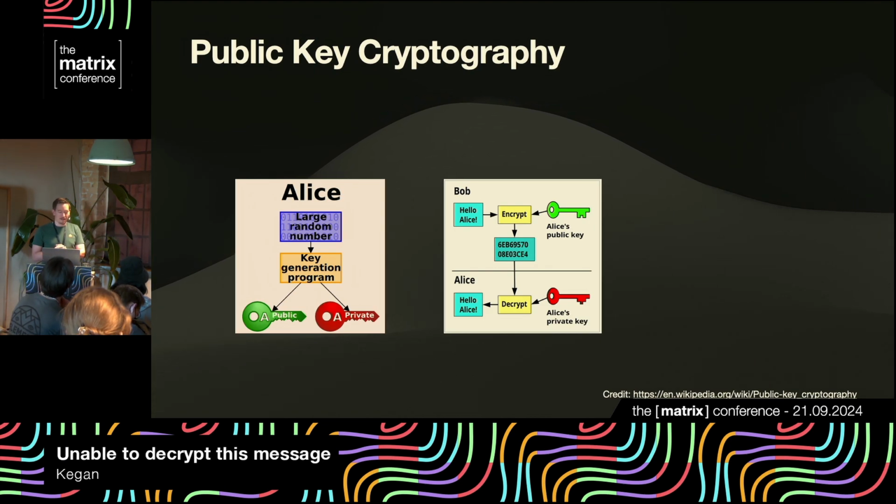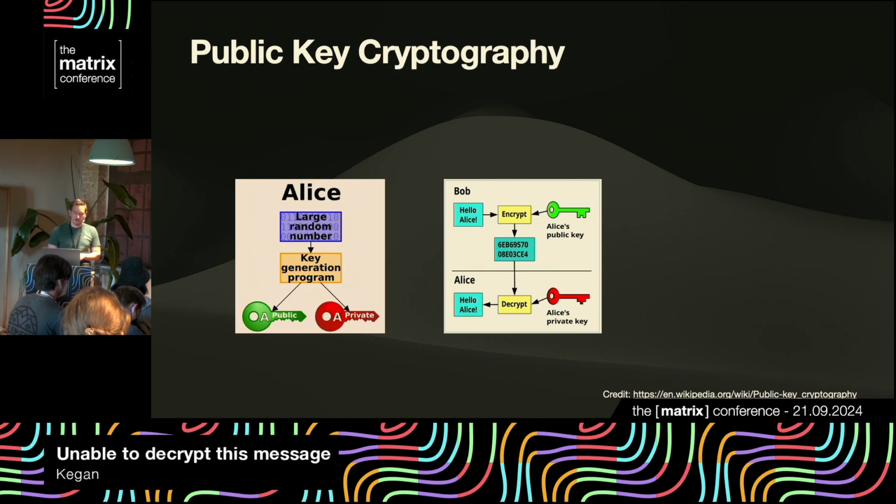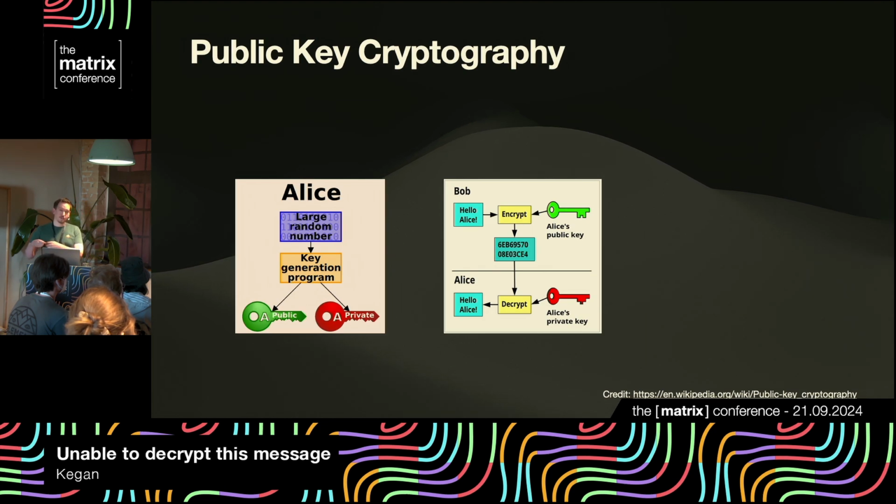But at the very basic level, you need to understand a little bit about public key cryptography, specifically encryption and decryption, which is a program can generate a public-private key pair. And these are mathematically linked to each other, and you can send the public key to anyone you like, and they can then use that public key to encrypt some data for you, for the person who generated that key.